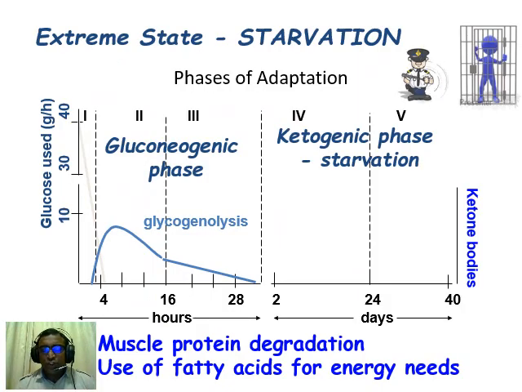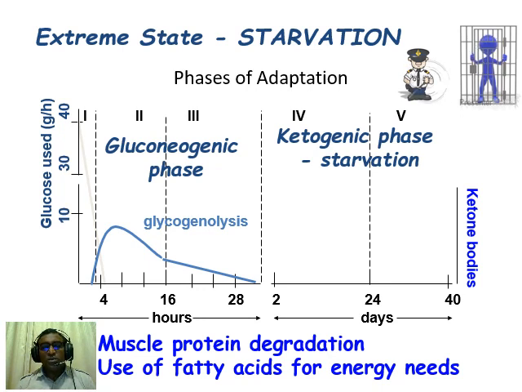So here shown is what happens in Bob's body in terms of the glucose being used and also the ketone body production. You have phases 1, 2, 3, 4, 5 being shown there, or stages 1, 2, 3, 4, 5.